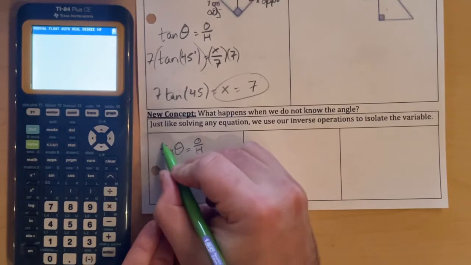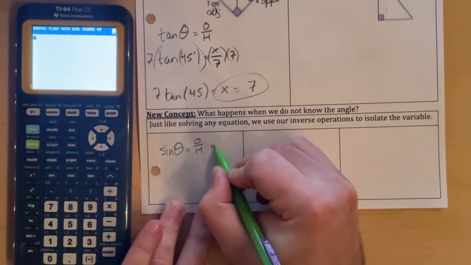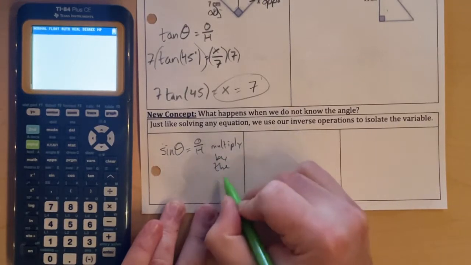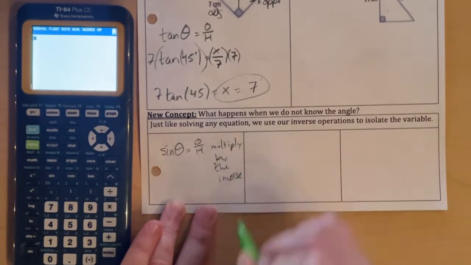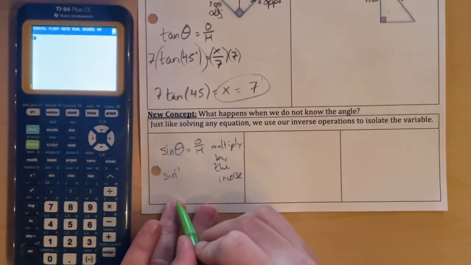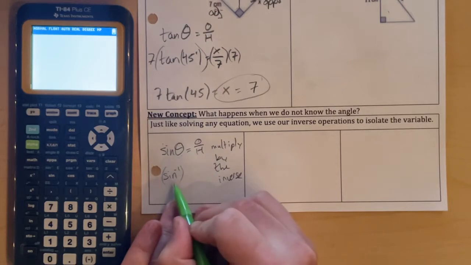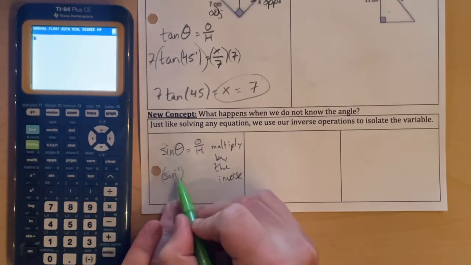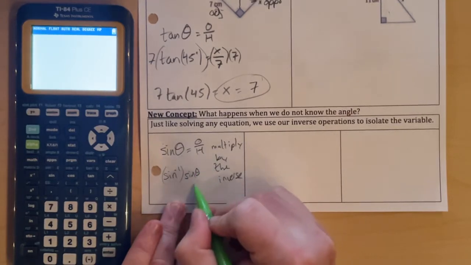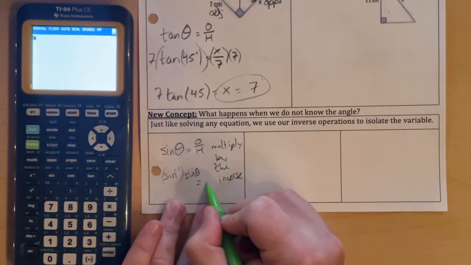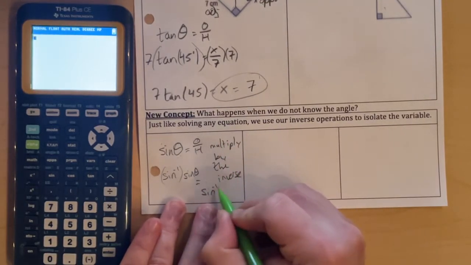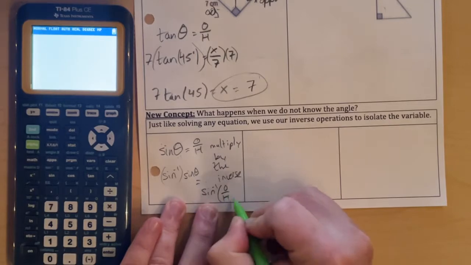I would have to multiply both sides by the inverse, and it's going to have a sine to the power of -1. So we multiply both sides by the inverse function of sine. I have sine of theta equal to sine to the -1 power of opposite over hypotenuse.